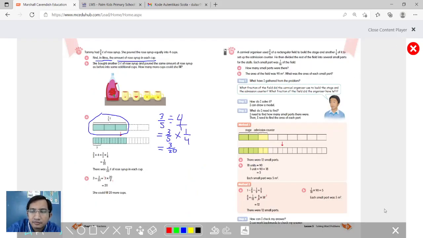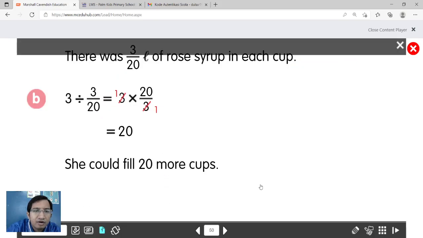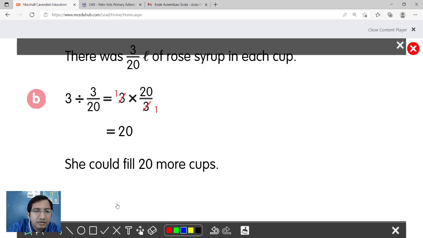Then you can go to the next one, which is, she bought another 3 liter of syrup. How many cups will we have if she bought another 3 liter? So we can write 3 liter divided by 3 per 20, which would be equals to 3 multiplied by 20 per 3.